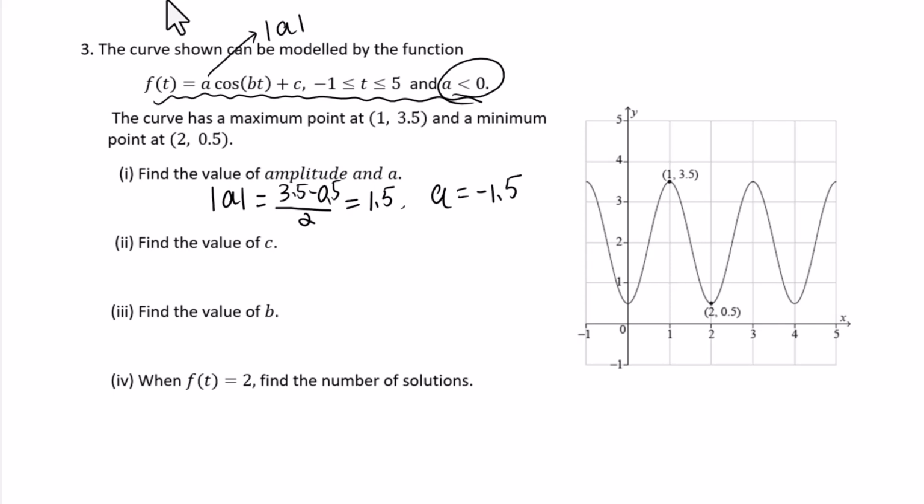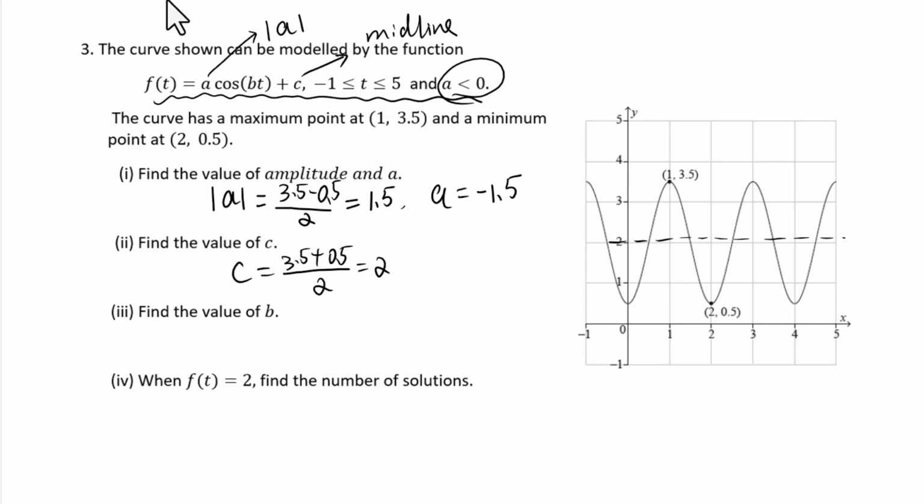Find the value of C. C is the midline. It's the vertical midpoint between maximum and minimum. This C equals 3.5 plus 0.5 over 2 equals 2.